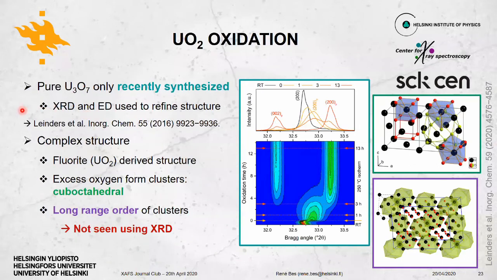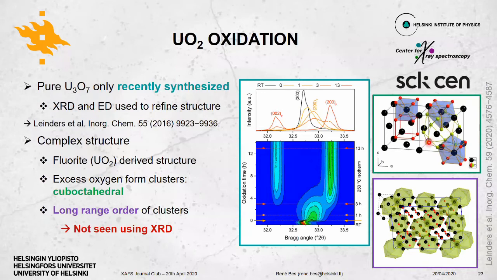They were first studied using X-ray diffraction and electron diffraction to refine the structure. It has a very large and complex structure based on the cubic fluorite structure of UO2, but with the long range order of oxygen clusters formed by the excess oxygen, the so-called cuboctahedral defects or clusters.